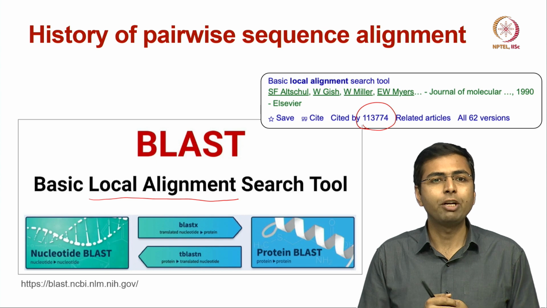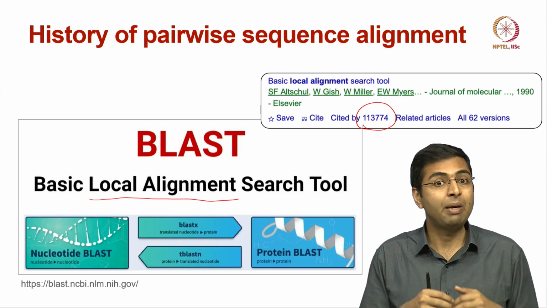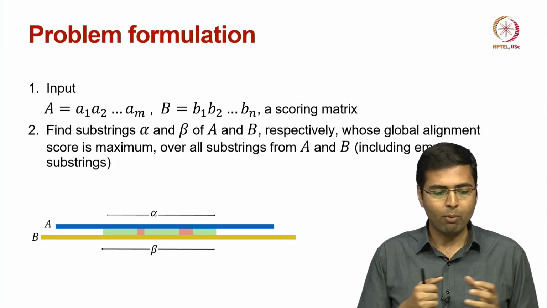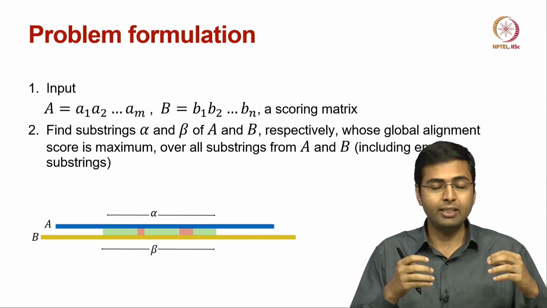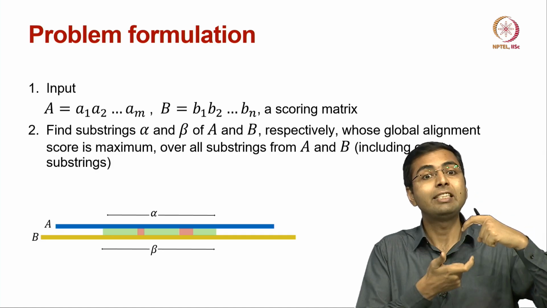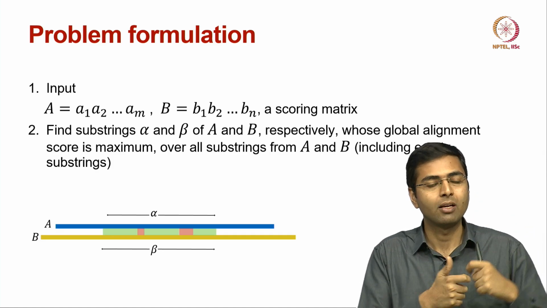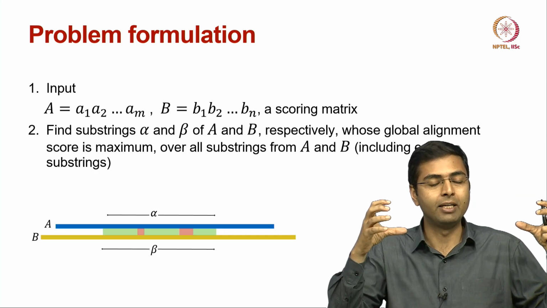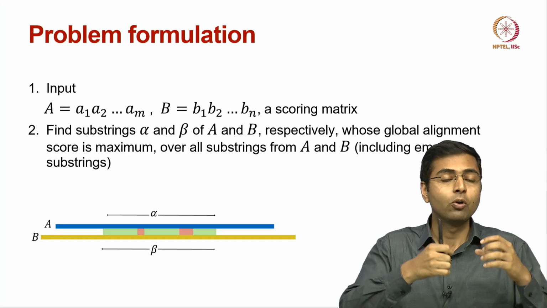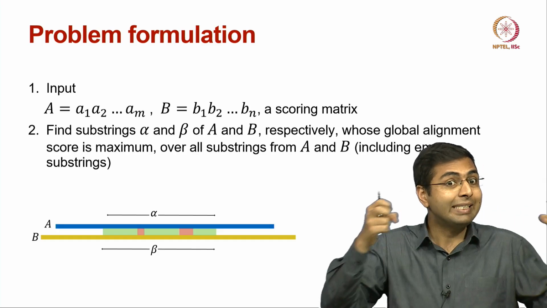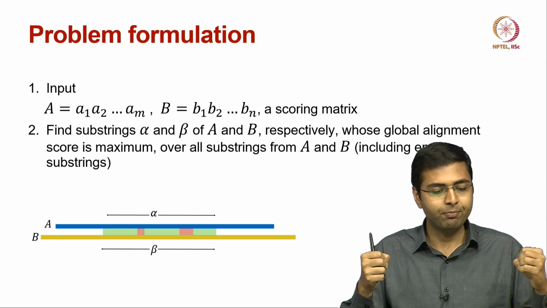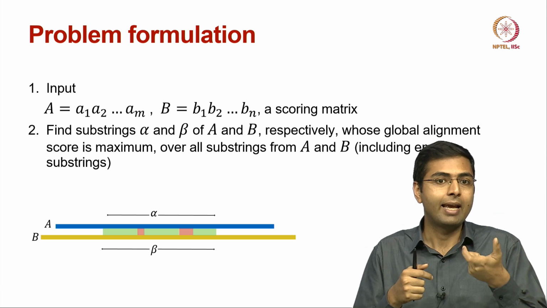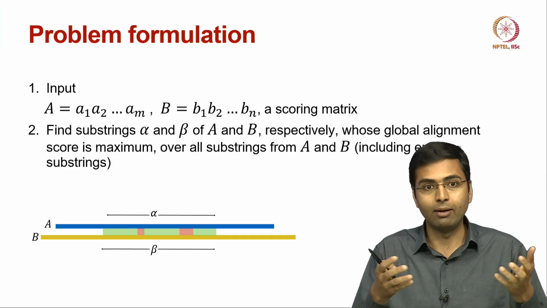Let me also give you some motivating examples of where local alignment may be useful. Going back to the problem formulation, remember that it allows us to look for local similarity between sequences A and B. So far in the previous concepts we have looked for global similarity among sequences A and B. For example, we know how to check similarity between the entire sequence A and the entire sequence B, whereas this formulation will allow us to look for local regions in A and local regions in B that match well.